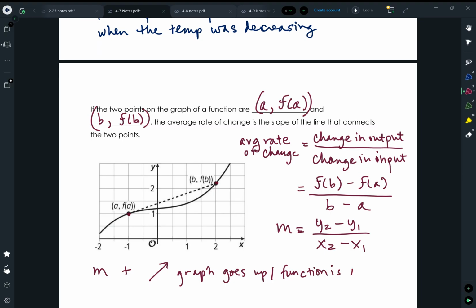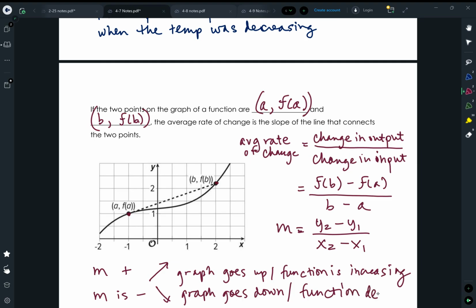And when we talk about that, we really mean the y values, right? When we talk about a function increasing, we're talking about the y values. If my slope is negative, that means my graph is going down. Which means my function is decreasing. And again, that means my y values are decreasing. My y values are getting smaller.